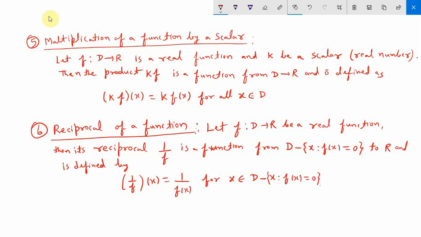So this is how we can find sum, difference, product, quotient, and reciprocal of a function.